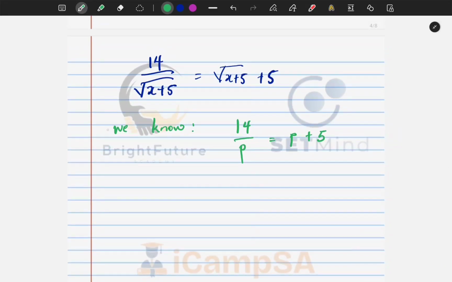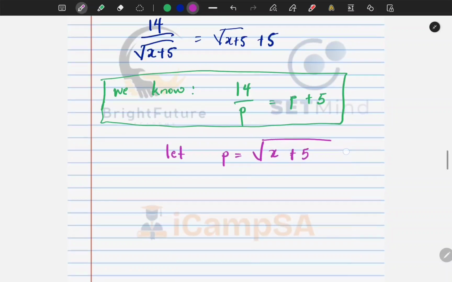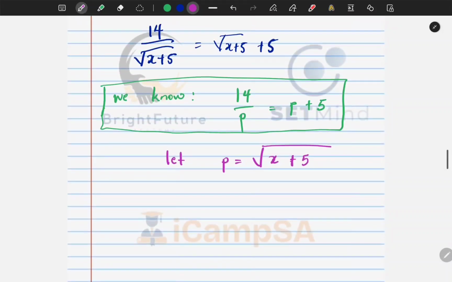We are just going to park this here. So we can say now, let p be equal to the square root of x plus 5.